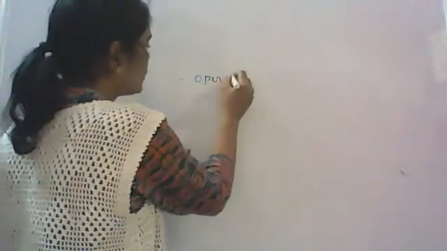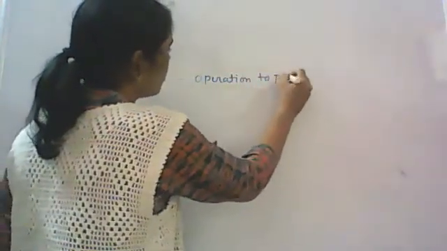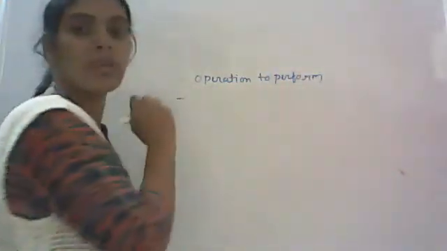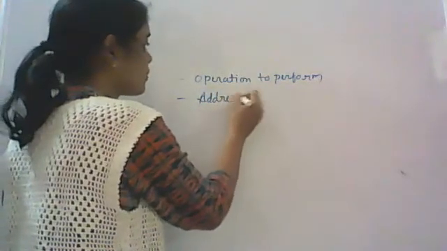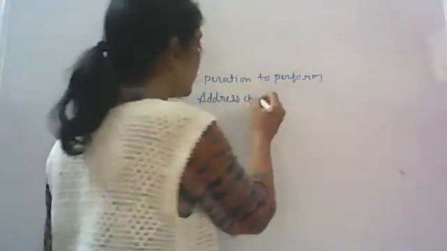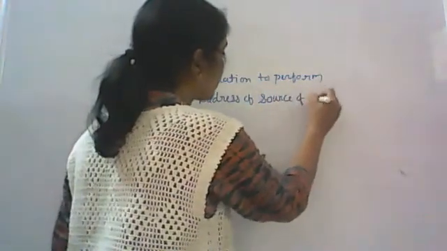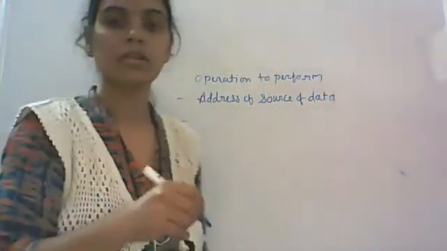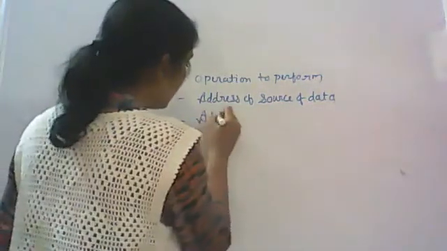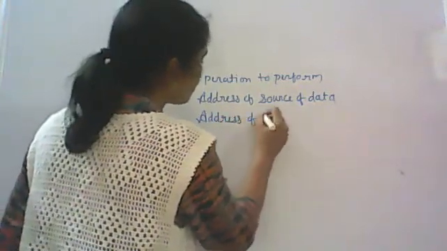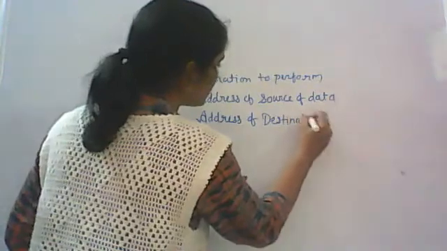In each instruction the programmer has to specify three things: first, the operation to be performed; second, the address of the source of data; and third, the address of the destination of the result.